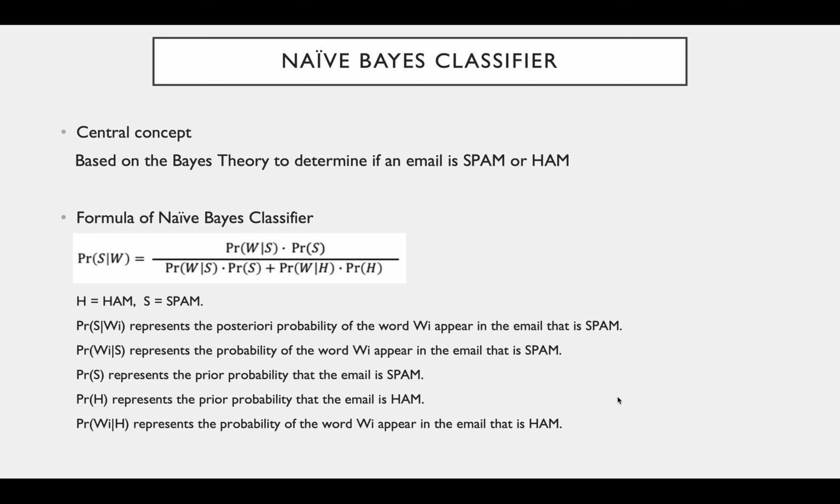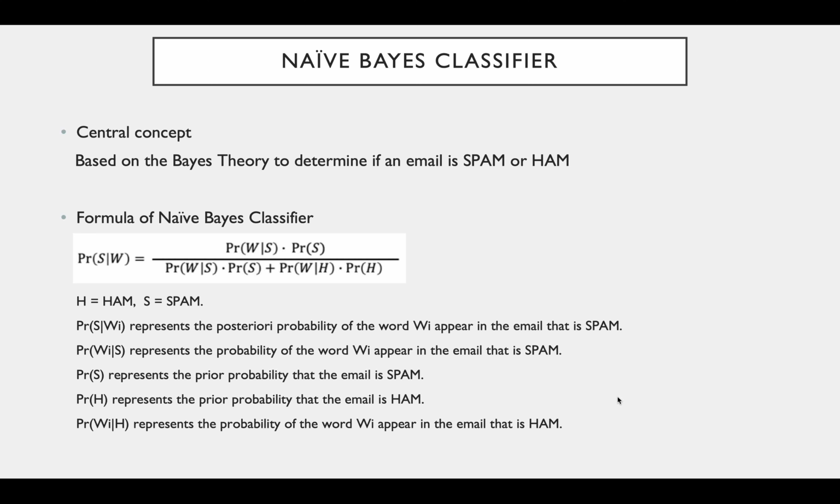The probability of S given that Wi occurred represents the posterior probability that the email is spam given that the word Wi appears. And then the conditional probability of Wi given that S occurs represents the probability of the word Wi appearing in an email that is spam.